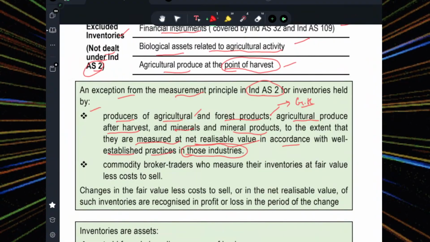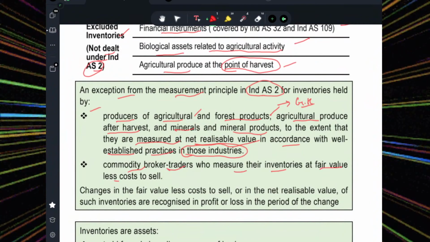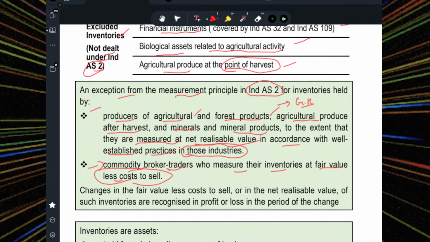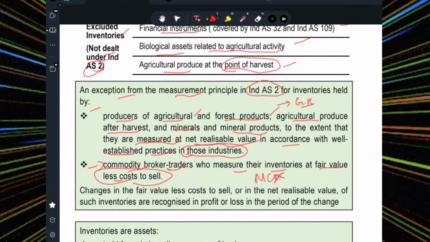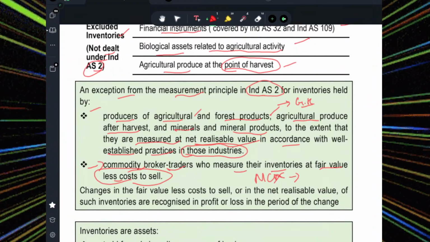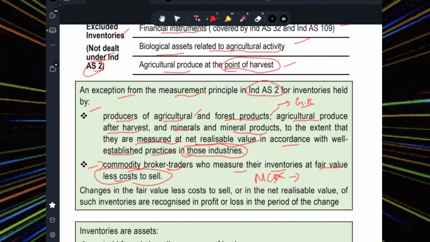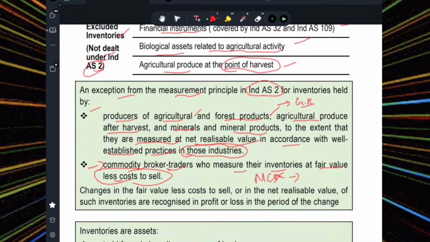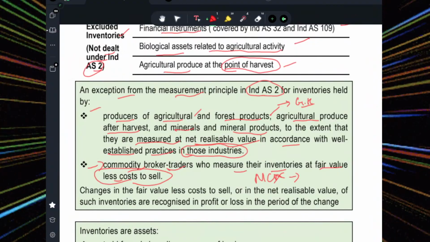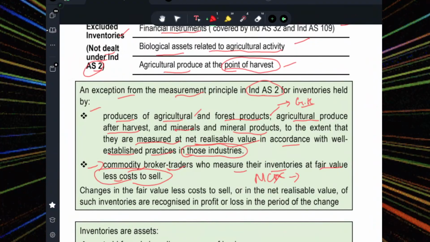Then there is an exemption to the exemption: commodity broker-traders who measure inventory at fair value less costs to sell. Who are commodity broker-traders? Some, in the case of MCX, cotton mills, these kinds of things, where they have the product and have given it to sell in the market, so they have fixed the rate even though the harvest has been done, or the future is waiting for the price.